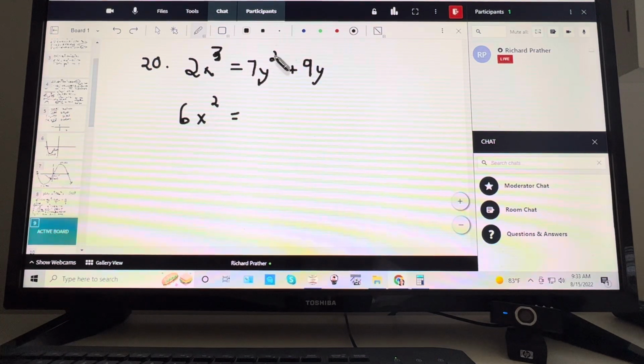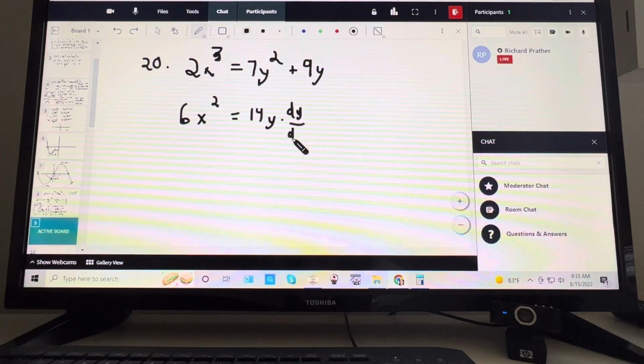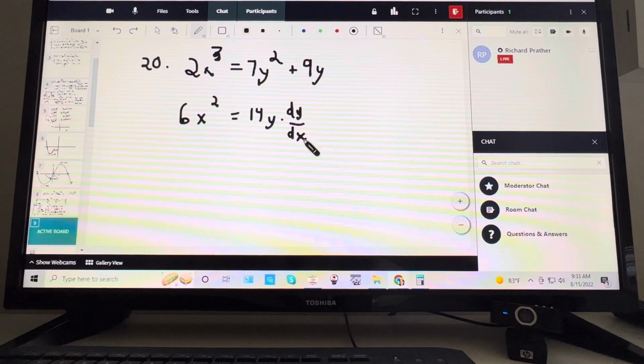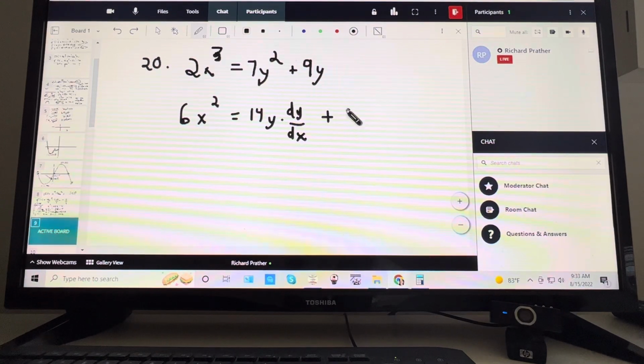Then you do the power rule on this y as if it was an x, and you do 7 times 2, 14, y to the first. But since you did it to a y variable, then a dy over dx happens as well. That's kind of like the chain rule part of that. And the derivative of 9y is just 9, but then chain rule times the derivative of y, which is dy over dx.